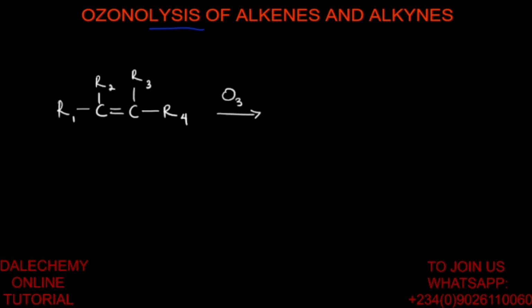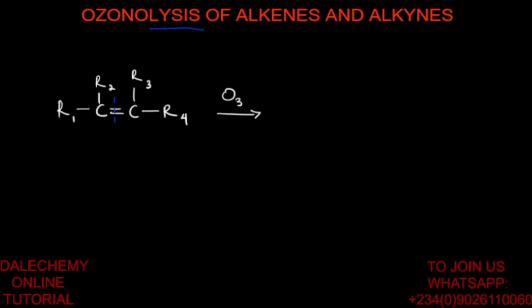Now, what will happen is that the alkene will have a double bond, and here is the double bond. The moment you add ozone to this alkene, it is going to break down the alkene across that double bond, because when we are saying that we are breaking the alkene, we are going to break it at the double bond it has. So we are going to break this alkene here.